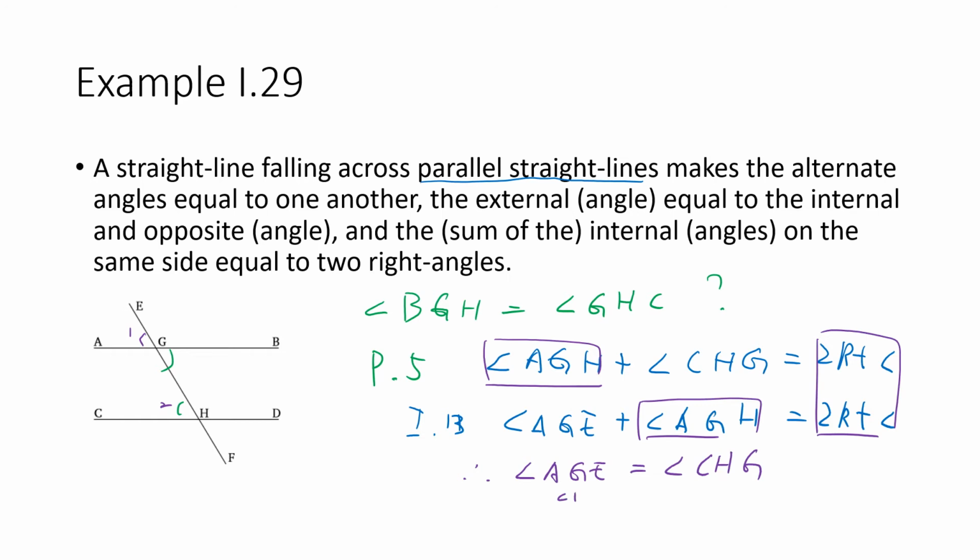This is angle 1, angle 2. And because of proposition 15, we know that AGE is equal to BGH.